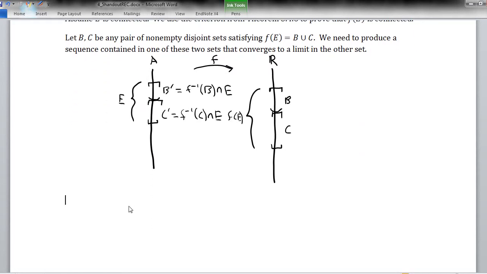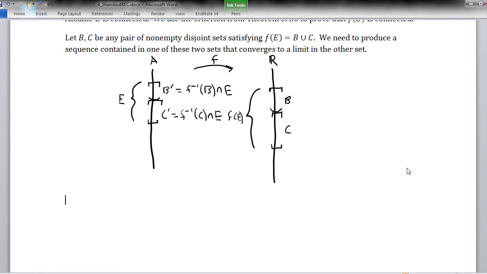All right, so that'll do it for now for our picture. So let's continue our proof. In order to use the criterion back here for E, we need to check that B prime and C prime are non-empty. And we need to check that they're disjoint, they don't have any overlap. And we need to check that their union is all of E. Okay, so these are all relatively straightforward, but we need to go through them.